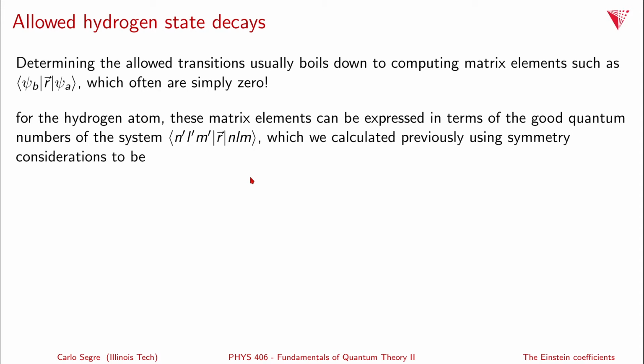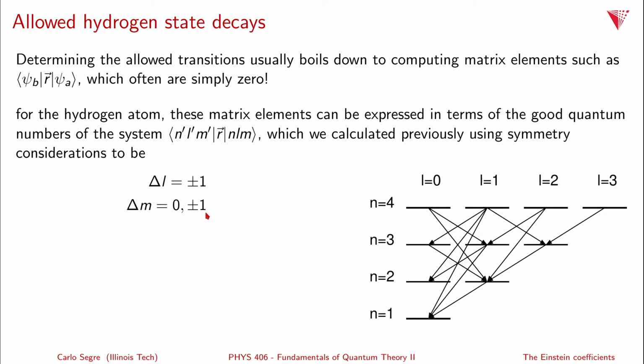Well, we calculate these using symmetry considerations, and we know that this leads to selection rules. And the selection rules are that delta L is equal to plus or minus 1. Delta M is 0 or plus or minus 1.